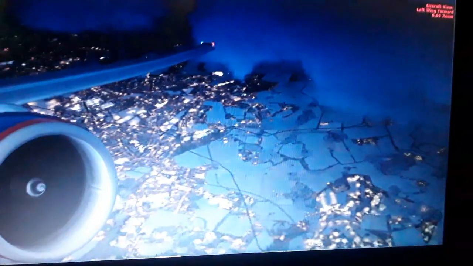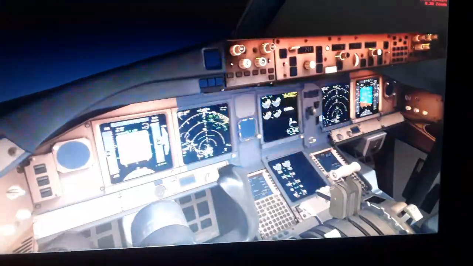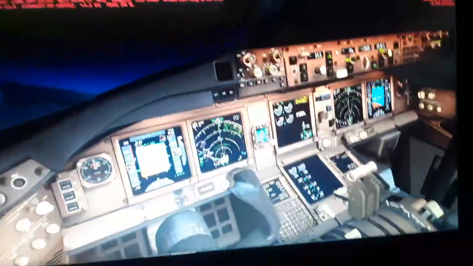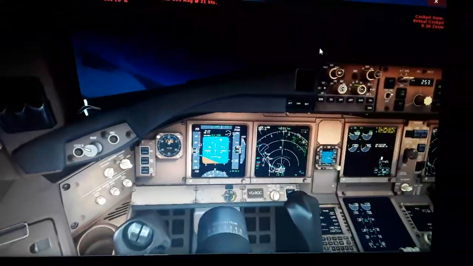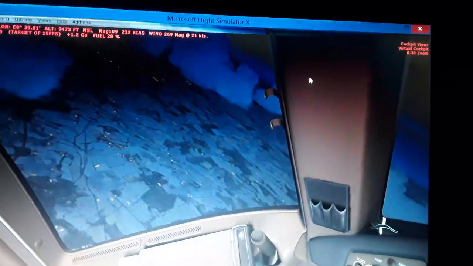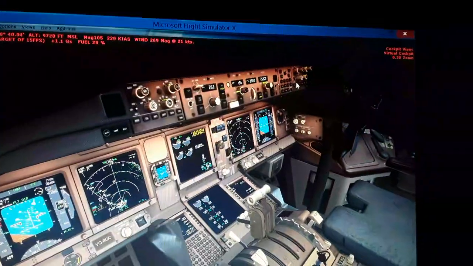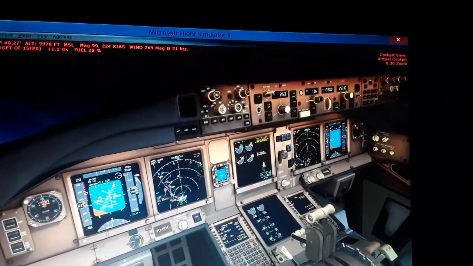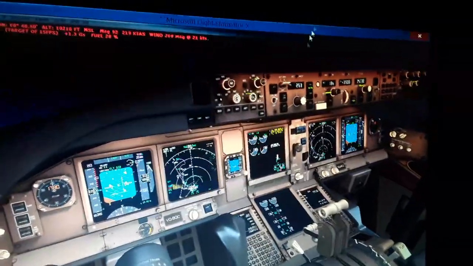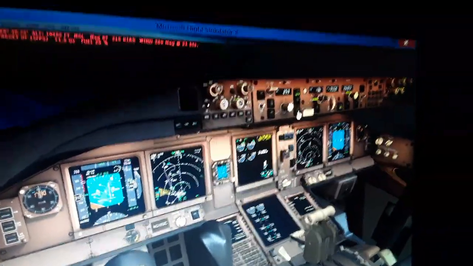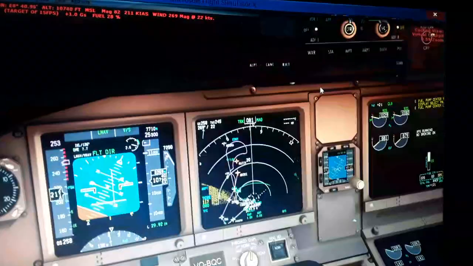So we're gonna make a turn now to the flight plan we have to follow.